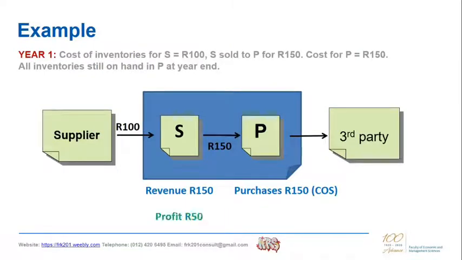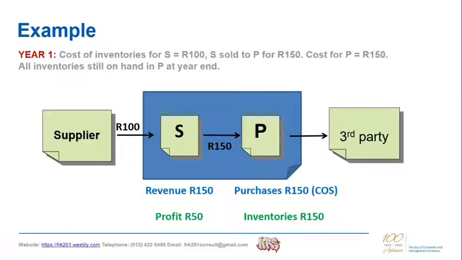Together with that, ACE recognized a gross profit of 50 Rand, which is the difference between the cost price for ACE of 100 Rand and the selling price for ACE of 150 Rand. P has inventories on hand measured at 150 Rand cost price.